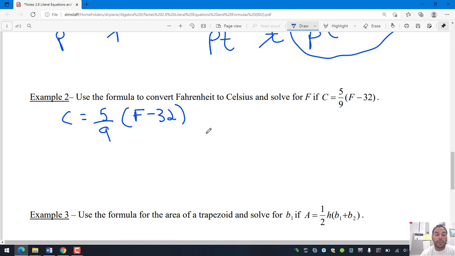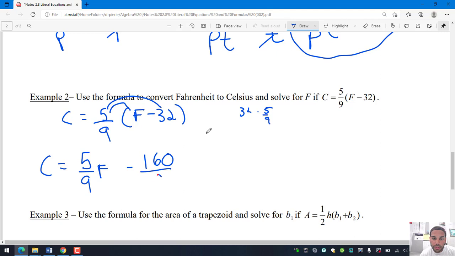My first step is, if you're lost and you don't know what to do, it's always a good idea to distribute if you can. I'm going to take this 5/9 and distribute it to both terms. So I'm left with C is equal to 5/9 F minus 32 times 5/9. I could do that off to the side here if I like. But here's what I'll tell you. It'll equal 160 over 9, minus 160 over 9.